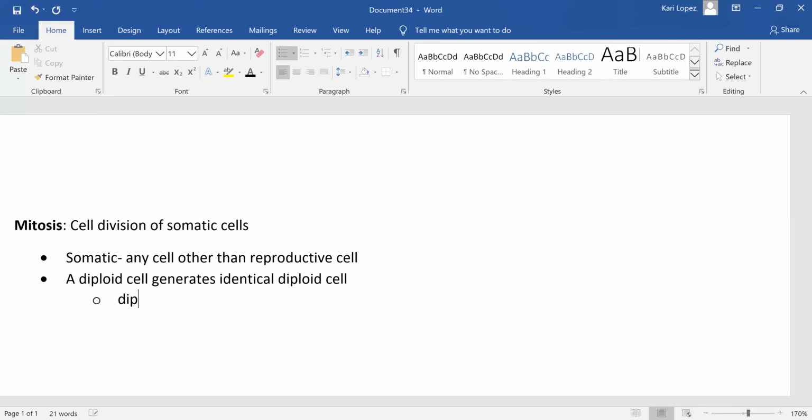Now diploid means 2 complete sets of chromosomes. And 1 from each parent is where they get the 2 sets from.